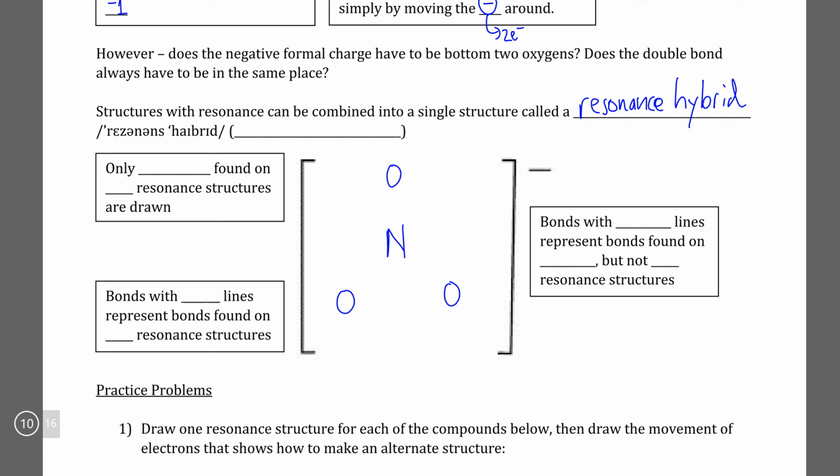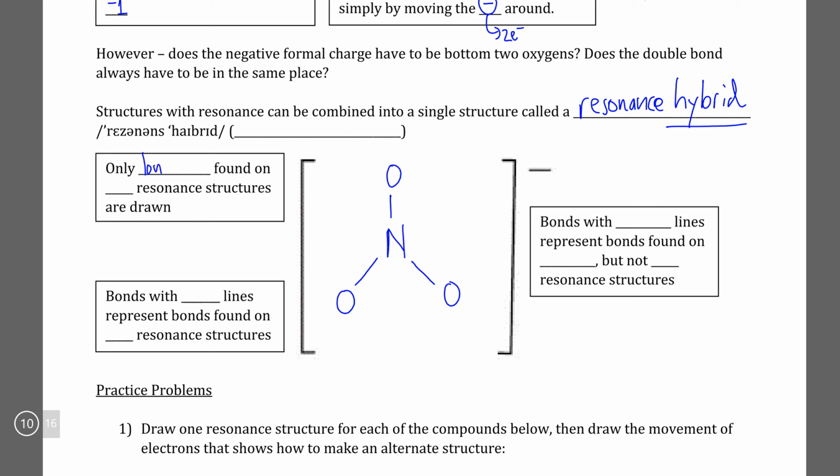We start by identifying the central atom and connecting all of the peripheral atoms to the central atom like this. But because this is a hybrid structure, we need to figure out which location to put the double bond and which location to put our lone pairs. So the rule for this is fairly simple.